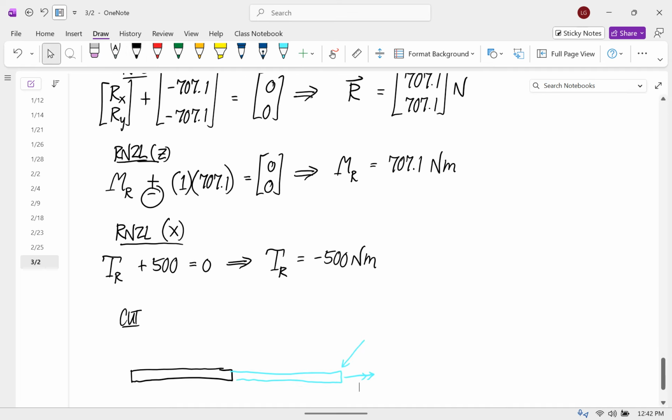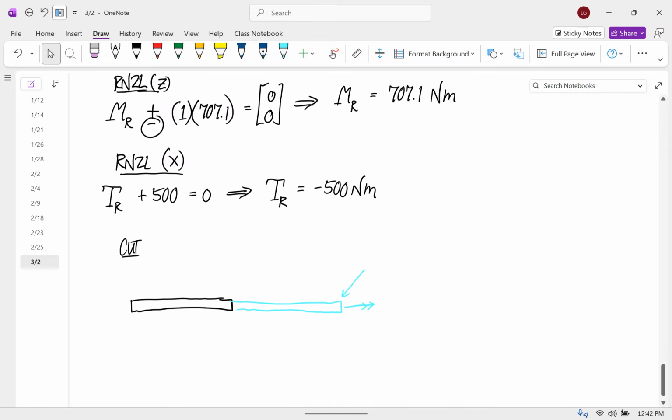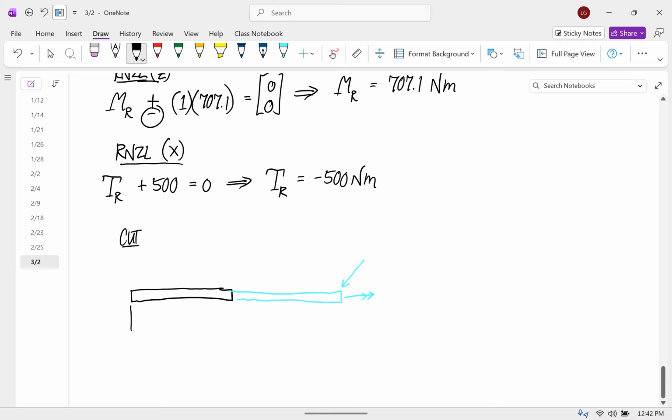Let's see, what do we have? We have a force of 707.1 like that. A force of 707.1 like that. A couple of 707.1 like that.